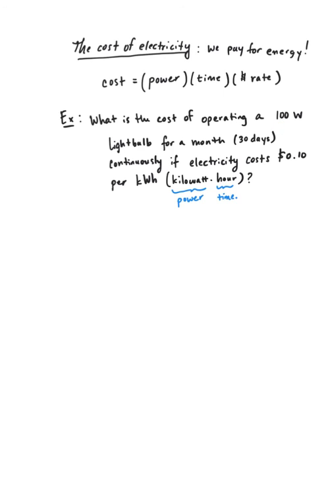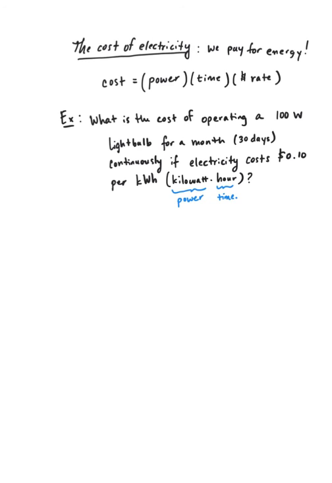And that light bulb is a 100-watt light bulb. So we know that the amount of power that's being drawn is 100 watts. And the amount of time that it's been drawing that power is 30 days.